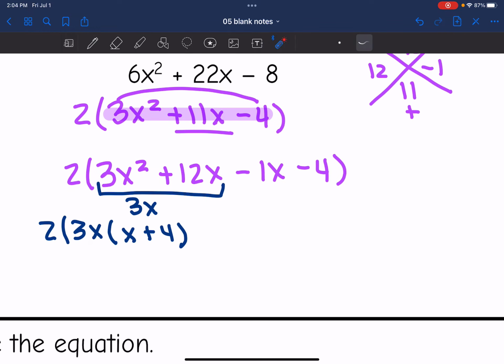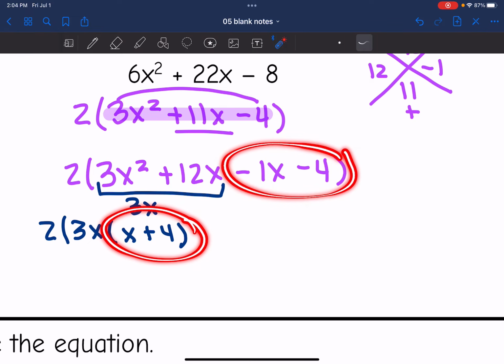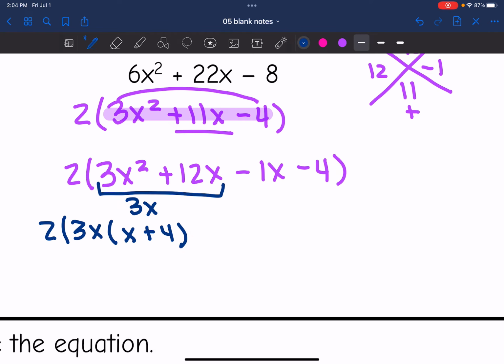Okay, notice my common binomial is all positive, but this second group is all negative, so I'm going to factor out a negative number so that my common binomials will match. It looks like the numbers are correct, it's just an x and a 4, which is what we have here. I just need to factor out that negative 1 to change those signs. So I'm going to factor out a negative 1, and then negative 1x divided by negative 1 is just x, and negative 4 divided by negative 1 is positive 4.